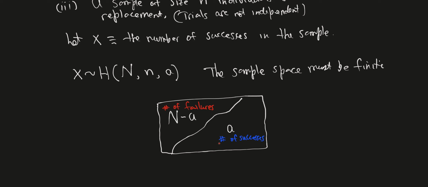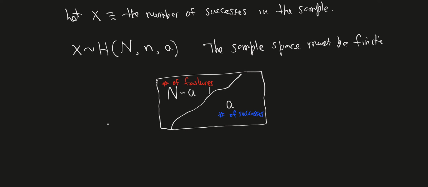And we're basically trying to count how many of those n's will be failures and how many of them will be successes. Well, we're really interested in the number of successes, but because there are only two possibilities, once you know the number of successes, if you take the difference between what you've sampled and how many successes you have, then that will leave how many failures you have, right? So again, it's this dichotomy that it's one or the other.